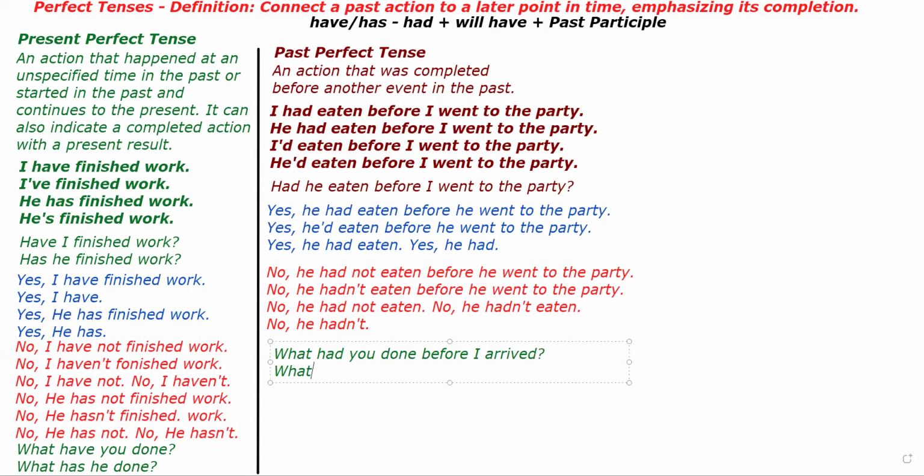Or what had he eaten? For example, what had he eaten before he started class? Those are the typical kinds of questions you're going to use in that tense. Okay, are we good to go?